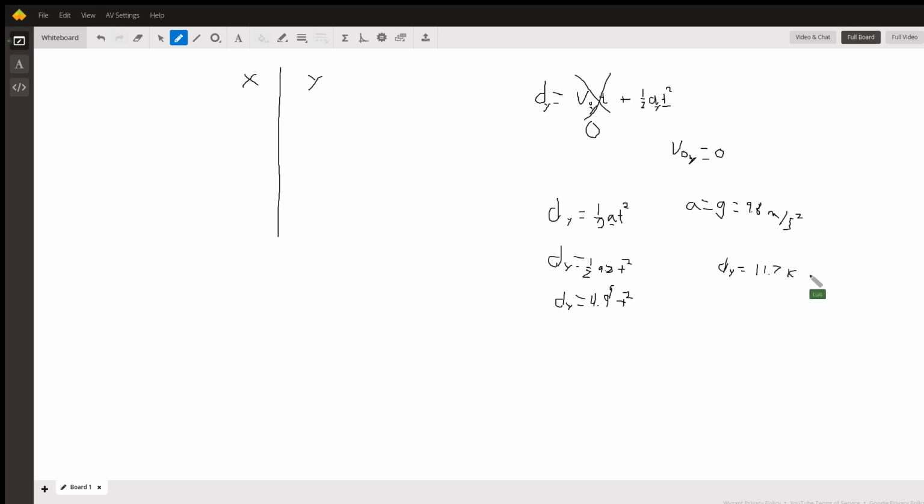Here's the sad thing: we have to make sure that 11.7 kilometers is in meters. Kilometers into meters is just multiplying by 1,000, so 11.7 kilometers is equivalent to 11,700 meters.